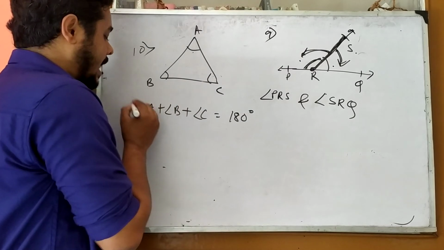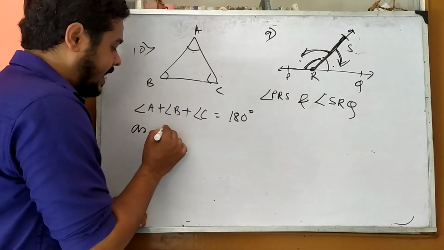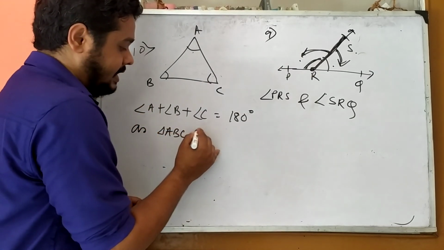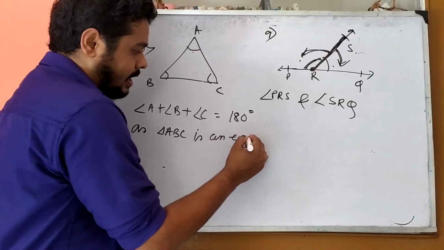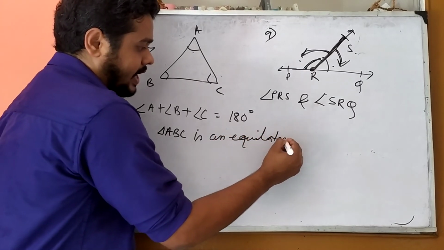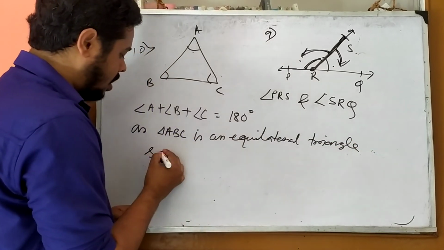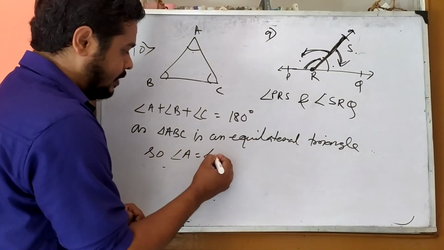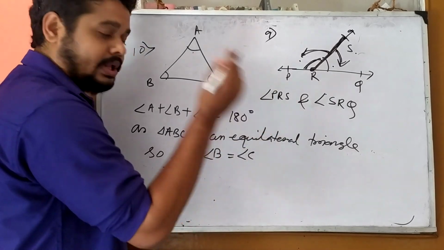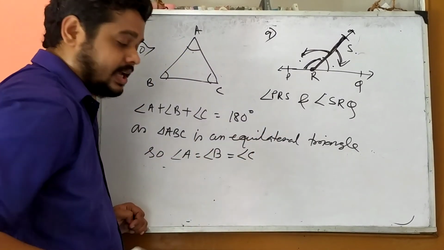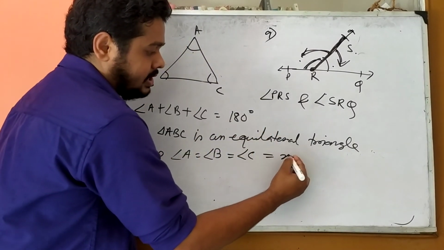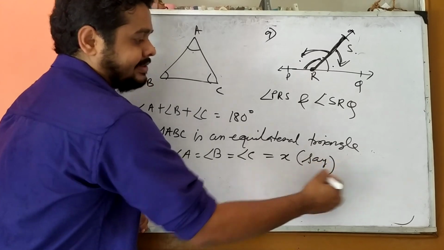So as triangle ABC is an equilateral triangle, angle A equals angle B equals angle C. All angles are equal, say x.